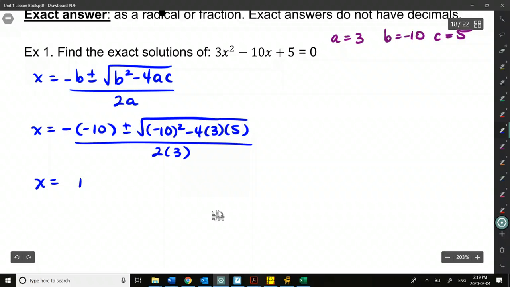You're going to simplify as much as possible, so simplify any negatives out here, simplify inside your square root. So I think we get 100 minus 60, right? So 40. Great.